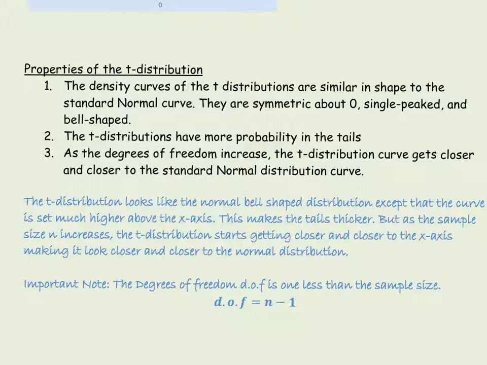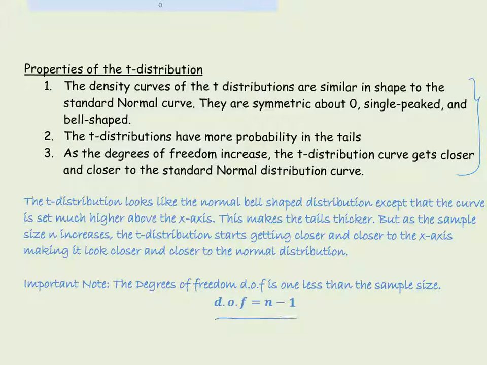But when the degrees of freedom increase, the t-distribution starts looking more and more like the normal distribution. So that is basically a comparison of the normal distribution and the t-distribution.